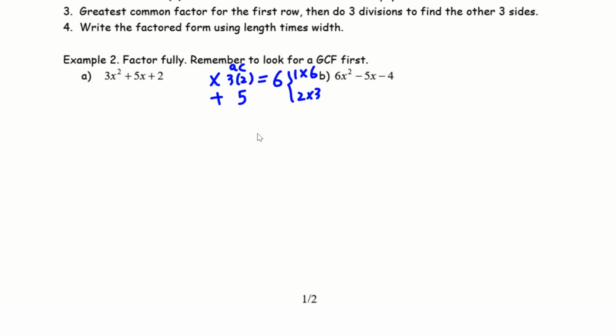Or you could use an X game to do it. But for the 3x squared, we are not able to write this 2, 3 in the bracket right away. The reason for that is if we put 2, 3 in the bracket, 2 times 3 gives you 6, not the last term 2.